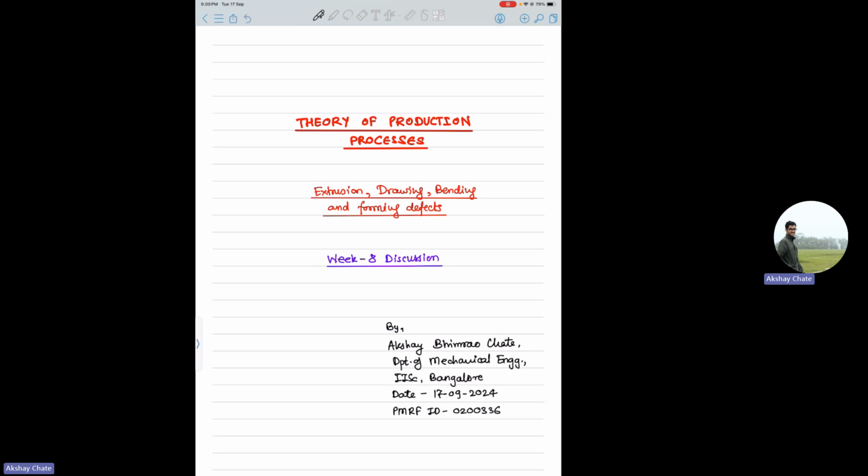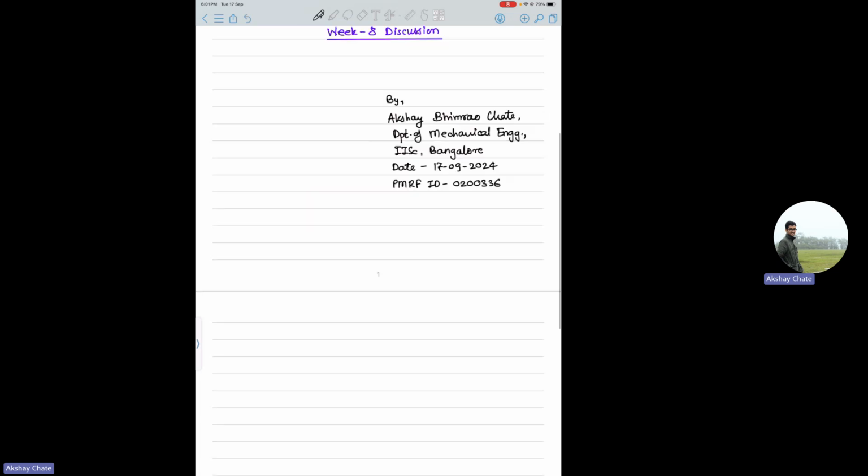So there are different operations in our metal forming processes.